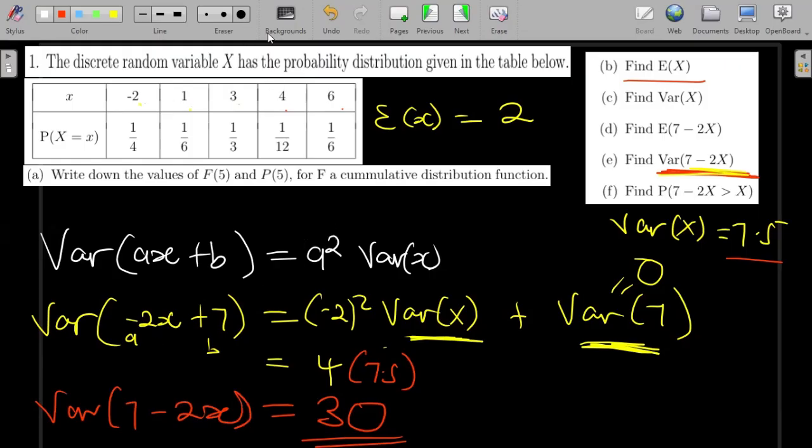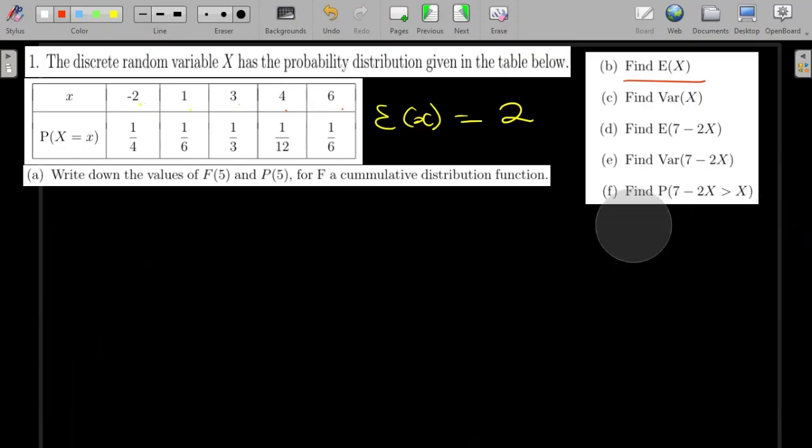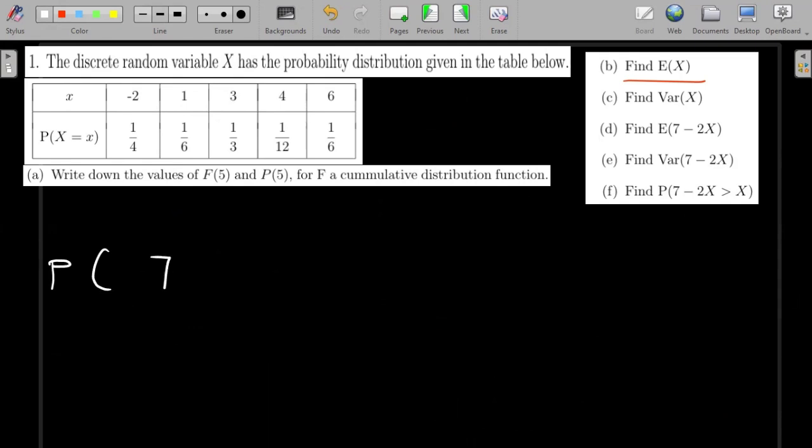Okay, and then let's look at F, where we're just finding a probability. They're saying, find the probability that 7 minus 2x is greater than x. So what you do here is solve what you have inside. Put the like terms together.